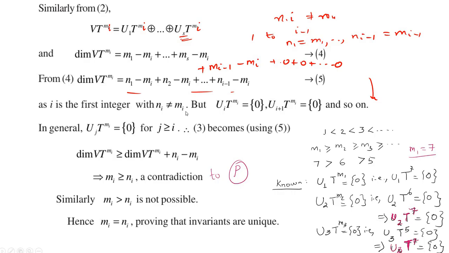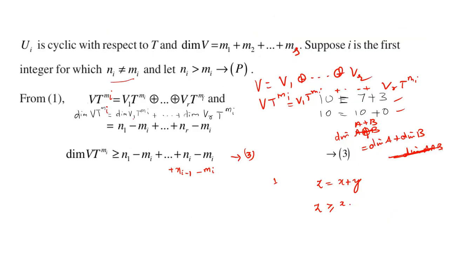Before that, the ni minus 1 minus mi, up to that whatever I have, I am replacing that by dimension of Vt power mi. So this step becomes, up to this we have, the last term is only this. So the whole lot is replaced by dimension of Vt power mi, and the next one is ni minus mi we have.